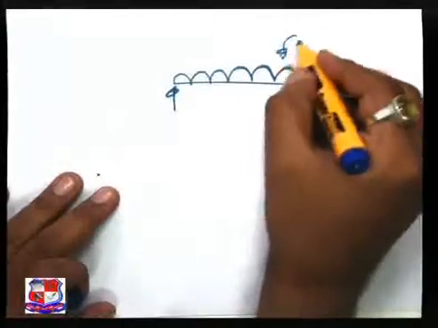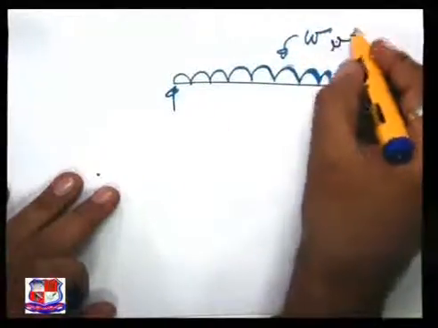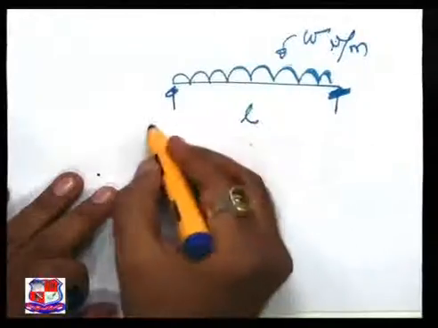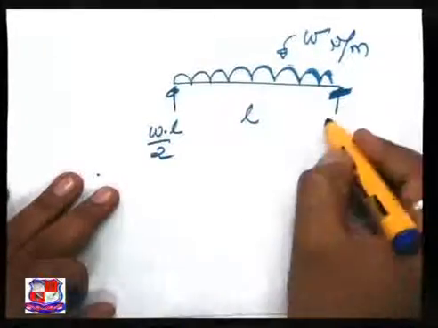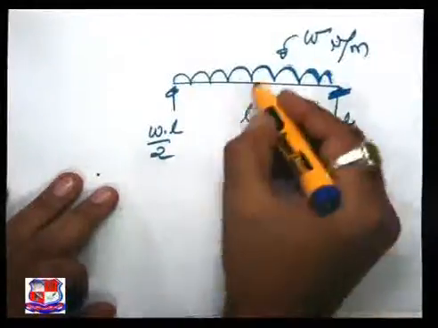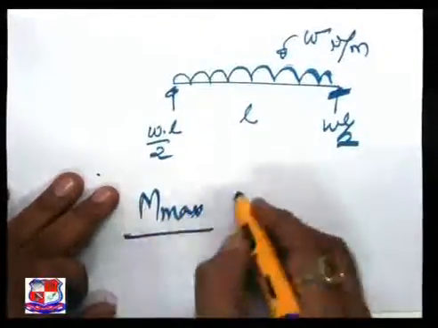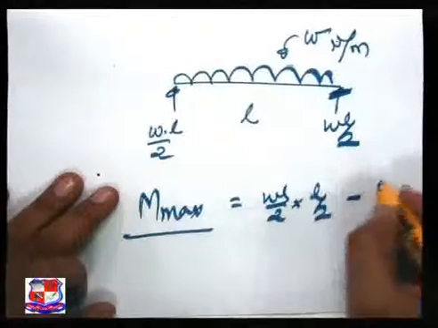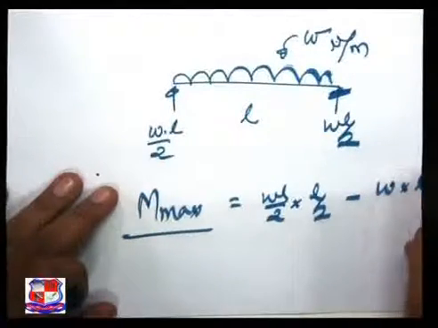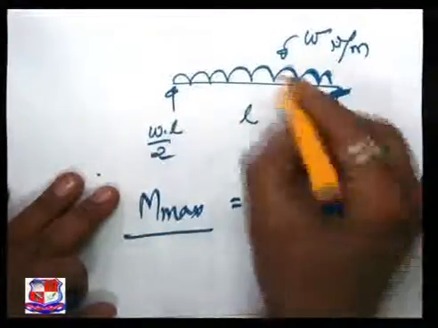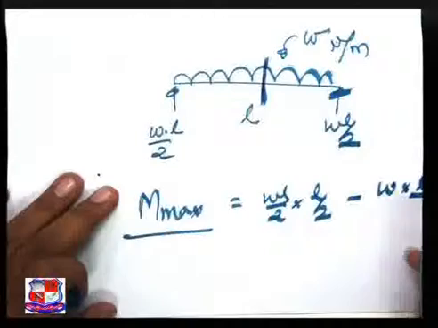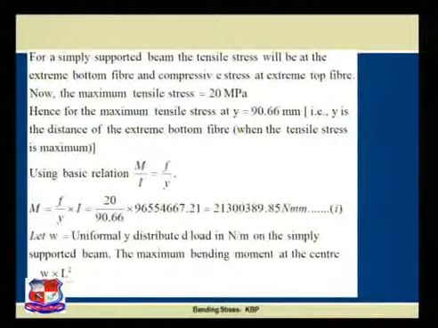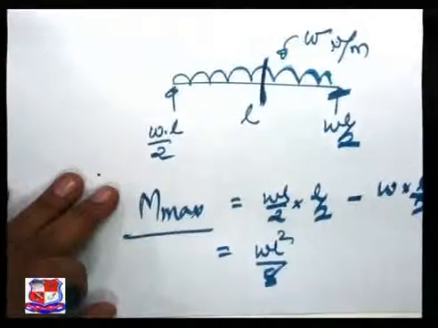If this is my W in Newton per meter, and L is the length, then definitely the reactions are W into L by 2 at each support. The maximum bending moment developed at the center is WL by 2 into L by 2 distance, minus W into L by 2 into half of L by 2. If you simplify, we get WL square by 8.